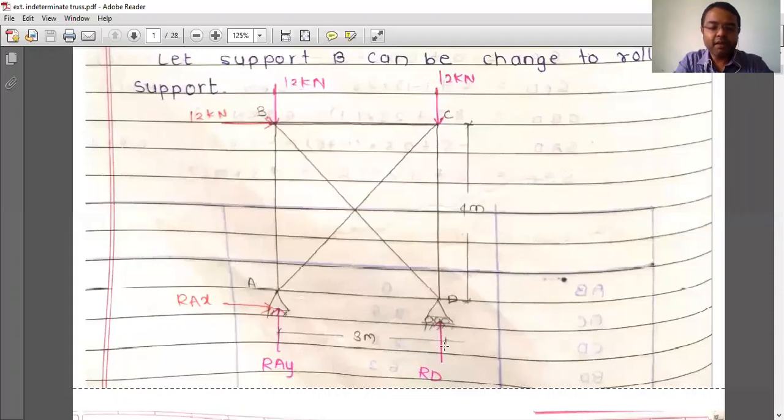RD is nothing but the reactive force, so it is collinear. So that's why you can directly write that the force in the rest of the member, that is the force in member BD, will be directly equal to 0. Already we have gone through the zero force member rule, so you can apply it over here. Next come to the another joint.